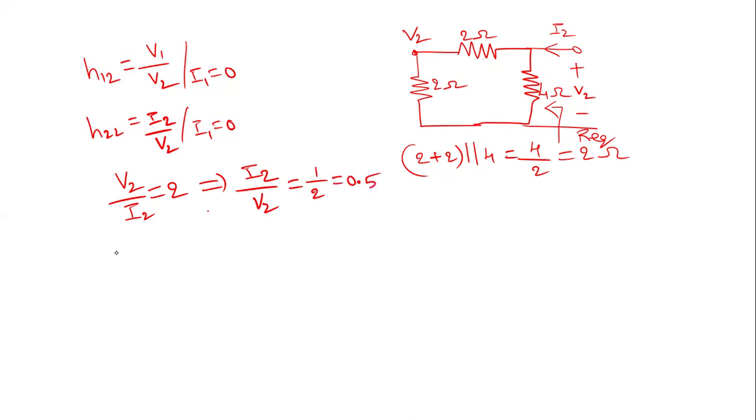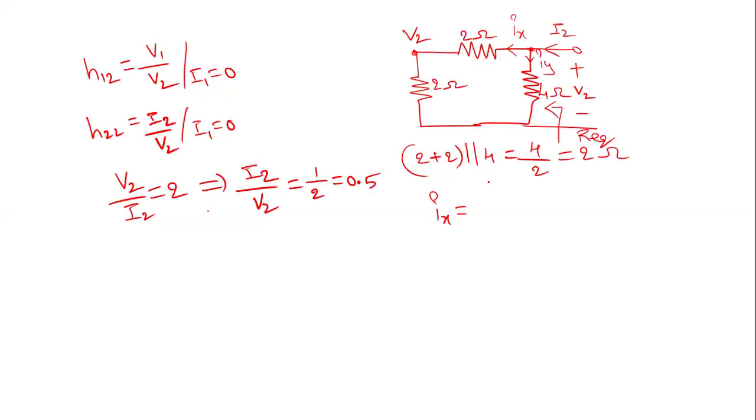Similarly for H12, to find the relation, the entering current is I2. So apply the current division principle. This is Ix and Iy. What is Ix in terms of I2? The entering current at that node is I2 multiplied by the opposite resistance, 4 ohms, divided by 4 plus 2 plus 2.